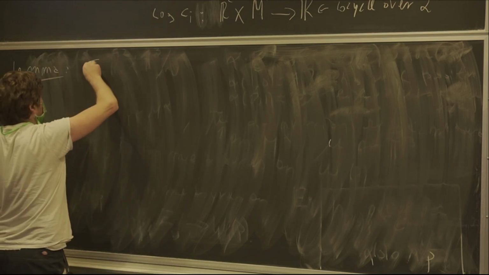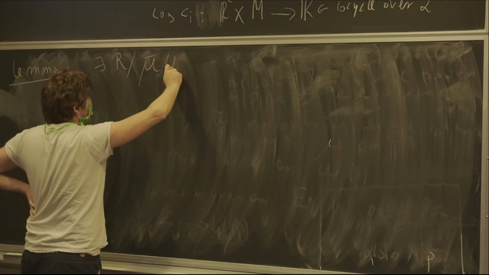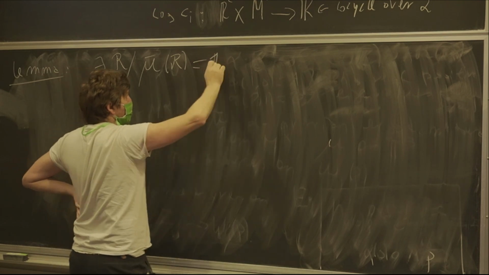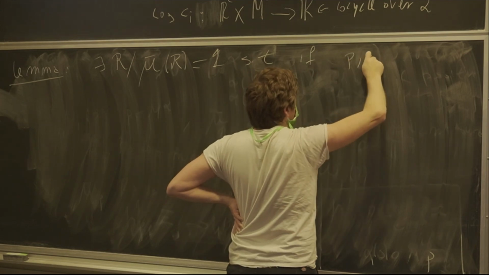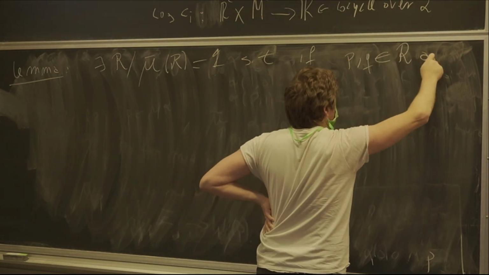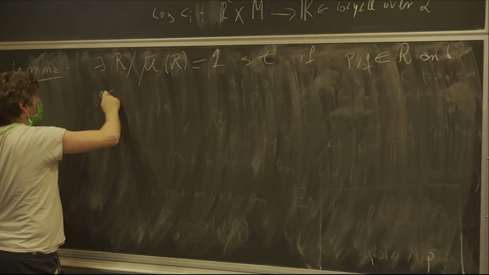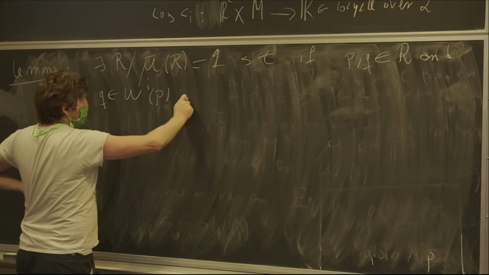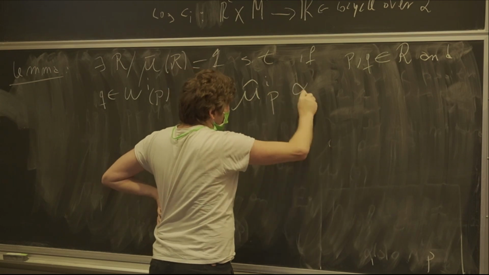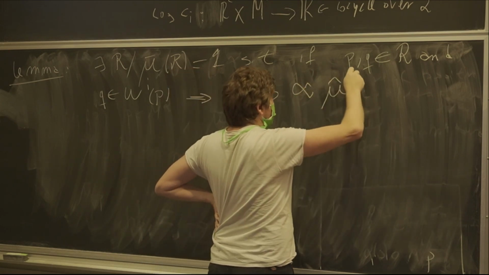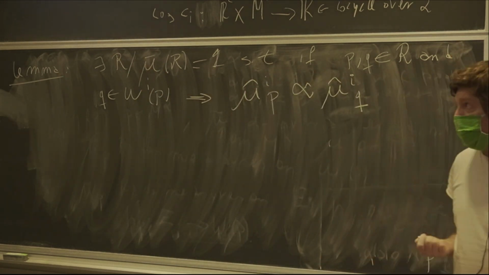There exists a set R with mu bar of R equal to 1, so a set of full measure, such that if P and Q are in R and Q happens to be in the Wi of P, then mu bar IP is equivalent to mu hat IQ. So the conditionals are the same up to a multiple if you are in the same leaf.